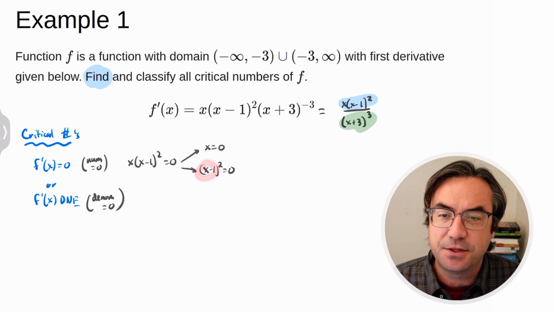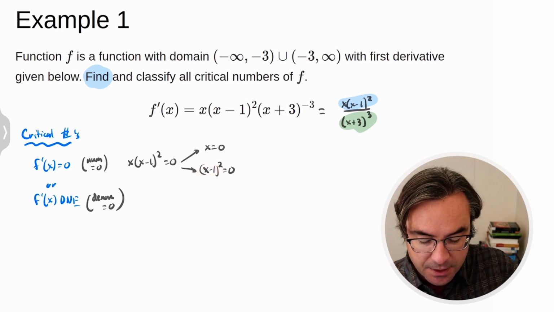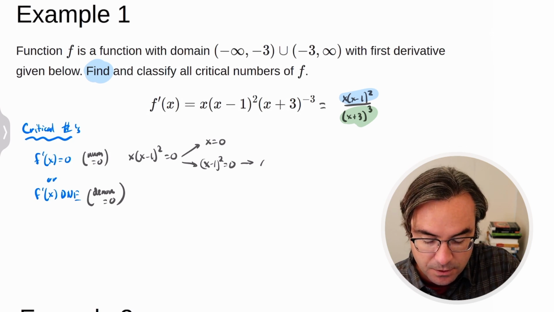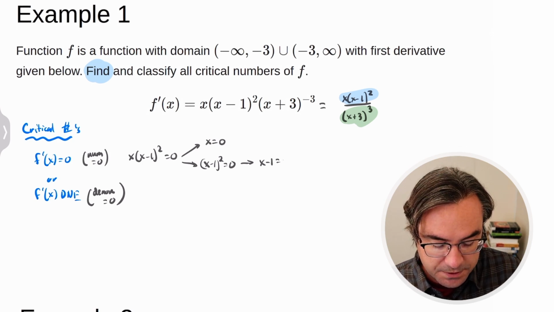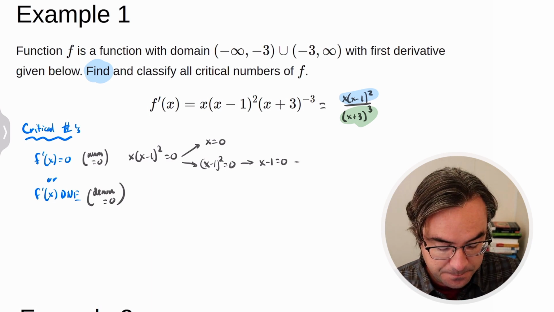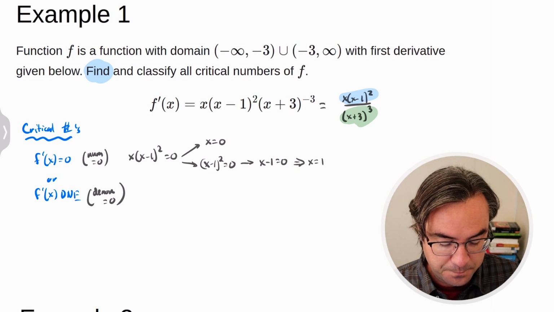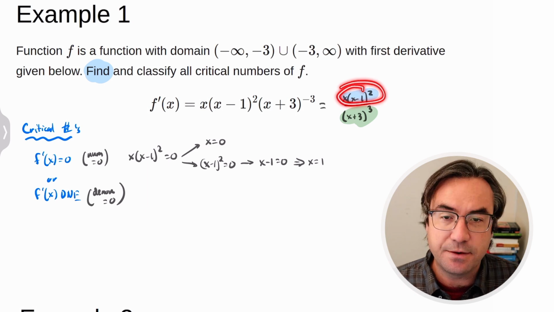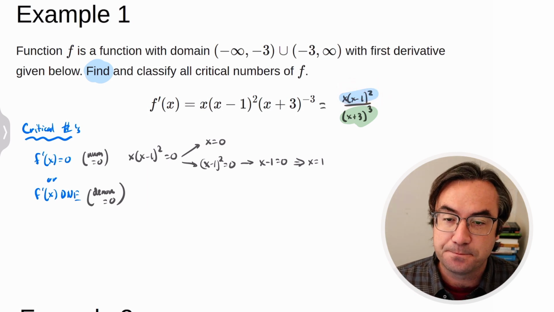It's the stuff inside the squared. That's what makes it 0. So the exponent really doesn't do anything here. So we can just set x minus 1 equal to 0, and then that gives us x equal to 1. Okay. So that's the critical numbers we're getting from our numerator.